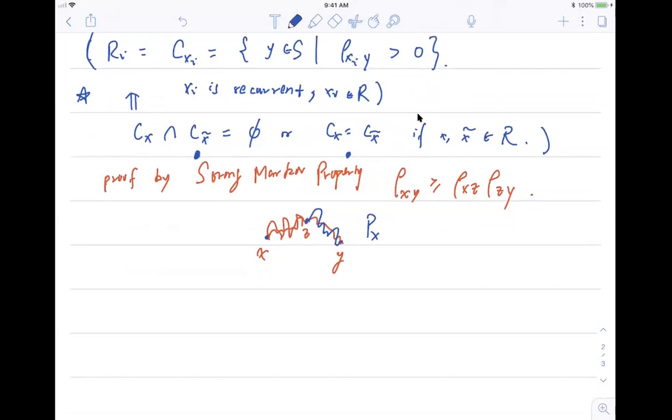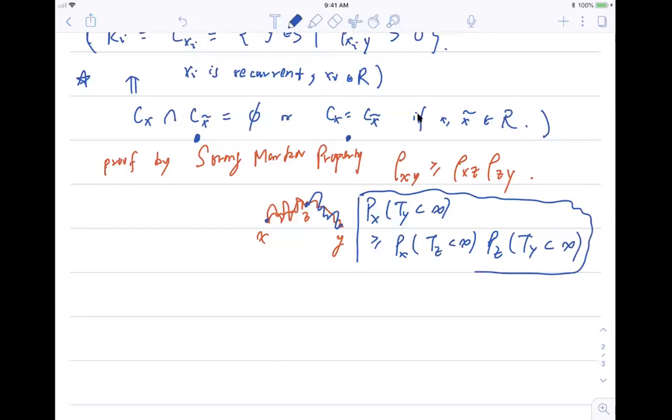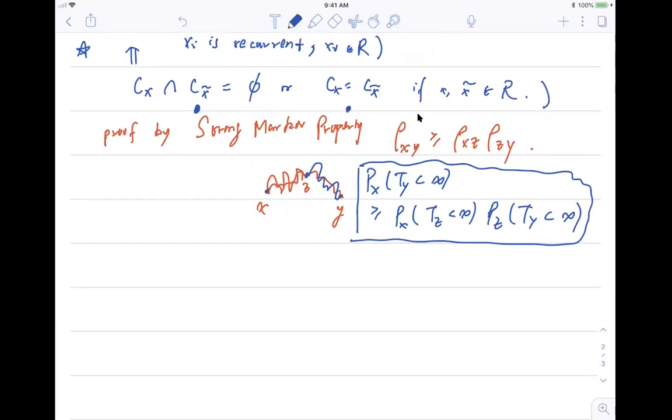Starting from x you reach y in finite time, and this is bigger than starting from x, first reaching z in finite time, then starting from z and reaching y in finite time. So we just use this property. Okay.